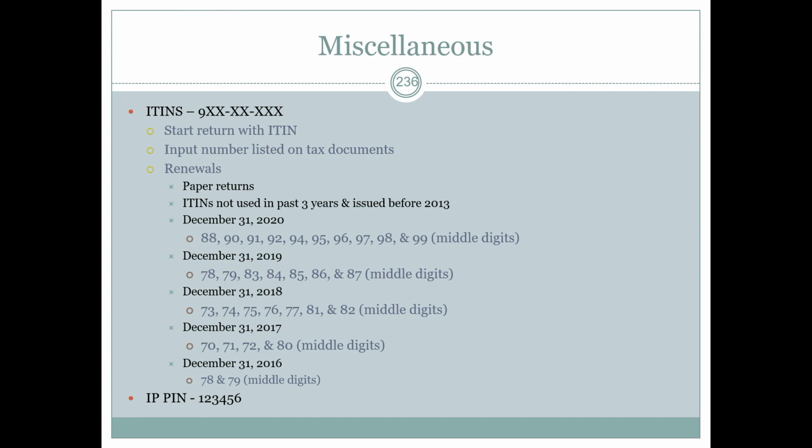So this means that we're going to create their tax return, and it will have to be a paper return, which if they are due a refund, that refund can still be direct deposit or a paper check. Typically in normal times, it takes about 12 to 14 weeks to process an ITIN renewal.